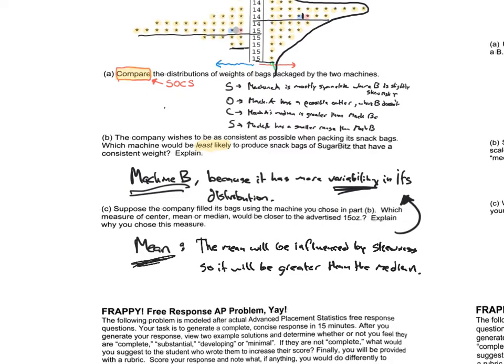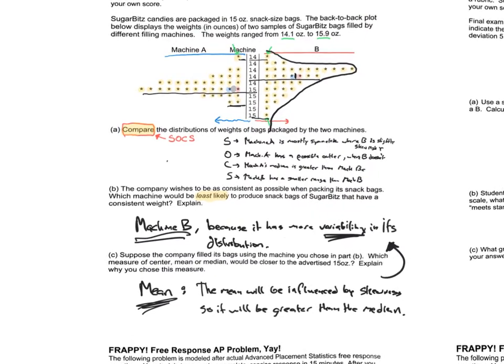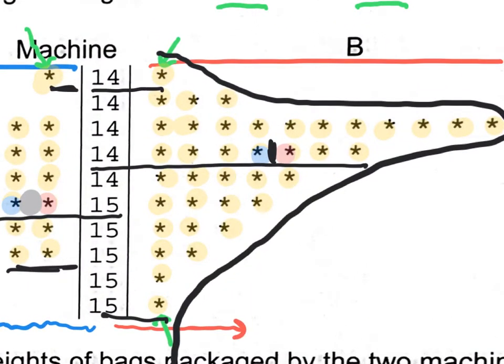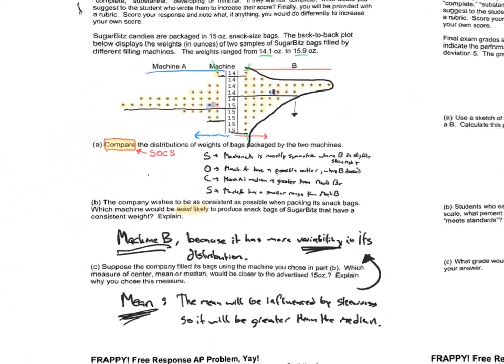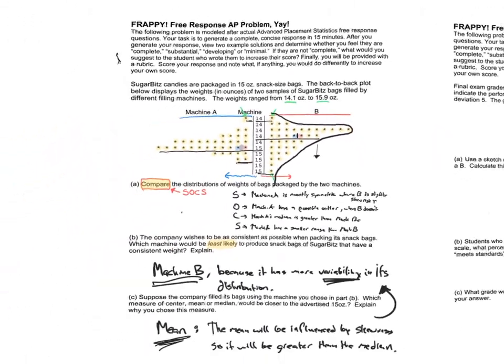All right, so that's really it. So it's really thinking about what happens with the mean versus the median. The median in machine B won't give me as close, but the mean will have to be greater than it, or it's going to get a little bit further. And I don't know how much further it's going to move, but it shouldn't be the same as the median because of the skew right nature of this. So that's kind of what you have there for the first chapter.